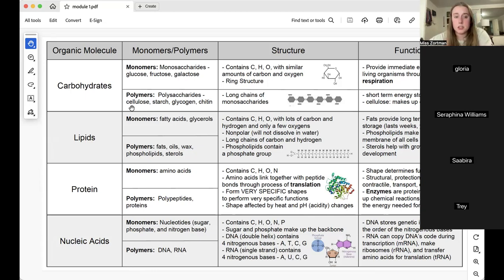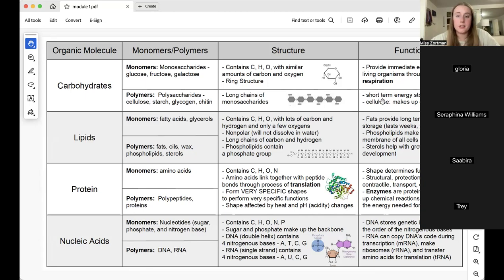There was cellulose, which is a structural carbohydrate in plants, starch, and chitin, which is found in the backs of the bugs that have a little shell on their back, like the rhino beetle and things like that. As I said on the previous slide, these are usually long chains of hexagon-looking shapes if you are asked to identify it. And these are long chains where each hexagon is one monosaccharide.